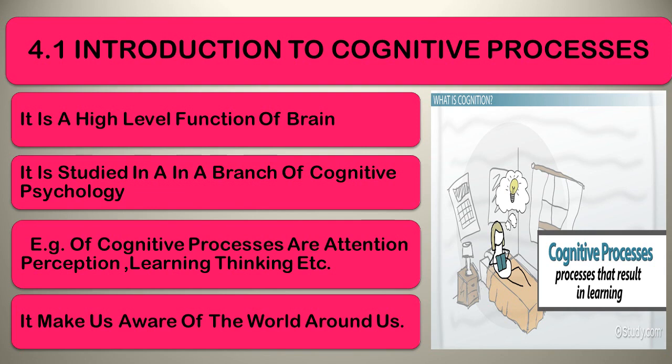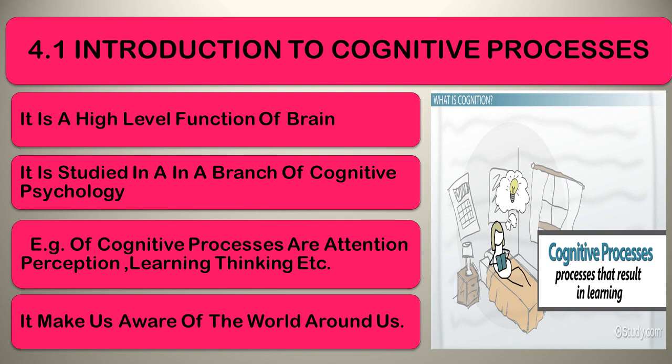So, cognitions are all those higher level functions of the brain by which we become aware of and understand the world around us. Cognitive processes are studied in a branch of psychology called cognitive psychology.